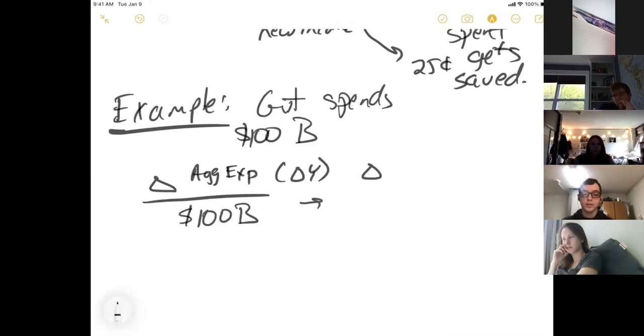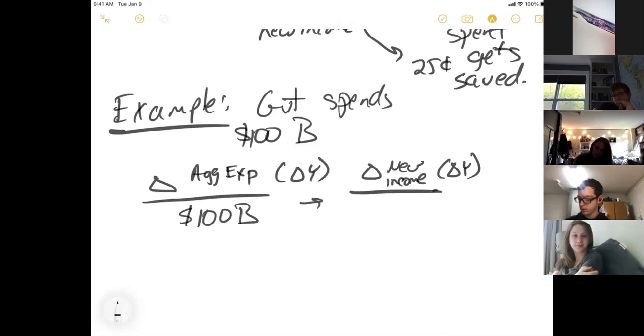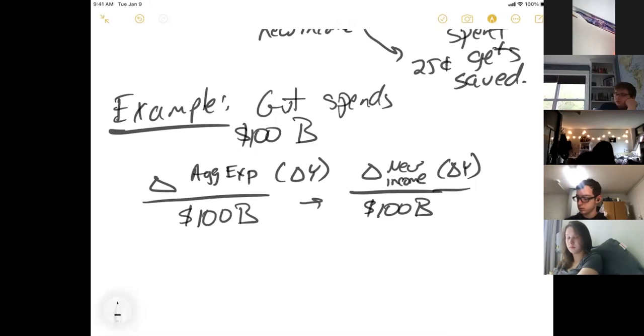Which is also the change in new income, because remember, aggregate expenditure is equal to aggregate income. So this new spending becomes also new income for people. Now, here's the kicker though. When people get new income, what do they do with it?